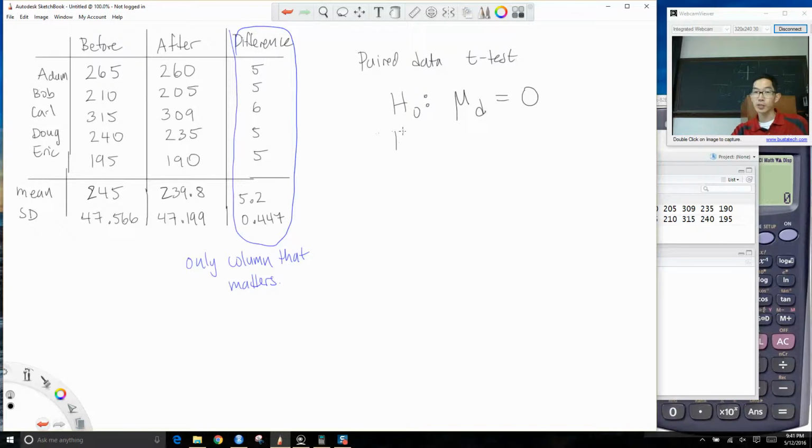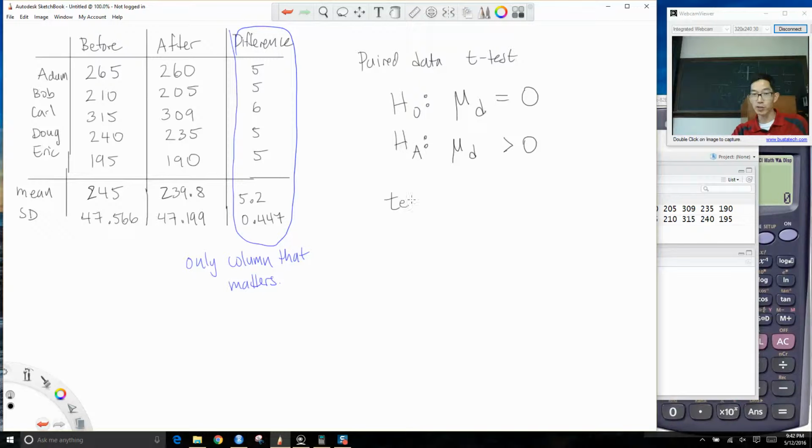And then the alternative, in our case, we want to know if they are losing weight, meaning the before minus the after should be greater than 0. So is our mean difference greater than 0? Okay. And so our test statistic, we are observing is a difference of 5.2.